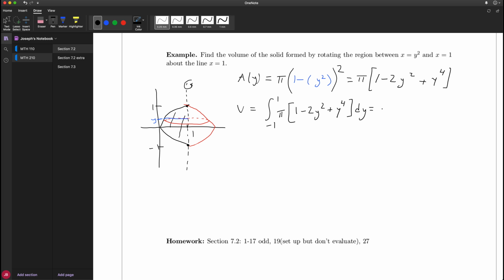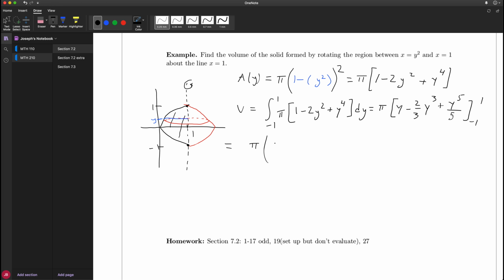And this antiderivative is not terribly difficult. I think it's just y minus 2/3 y cubed plus y to the 5th over 5. And evaluating this, we plug in 1.